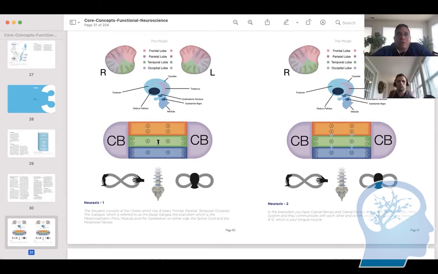So the baroreceptors are receptors that stretch, and when they stretch, that's how they get activated. When they stretch, they send an afferent to the vagus nerve, which sends an afferent to the parasympathetic system to calm the system down.